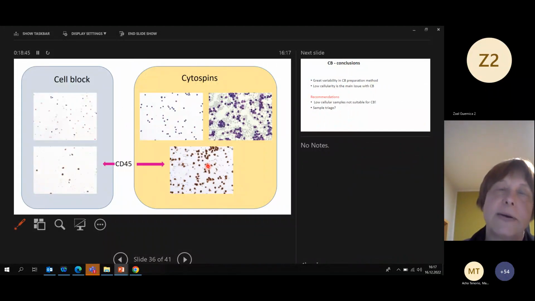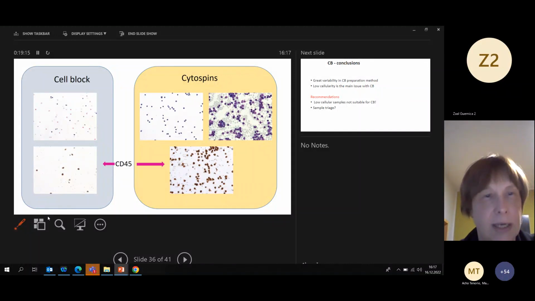Another nice demonstration of the differences between cytospins and cell blocks is from our recent practice, where we prepared 60 cytospins and a cell block from the same cell suspension for CD45 demonstration. All 60 cytospins were adequately cellular, while the cell block prepared from the same cell suspension was suboptimally cellular.